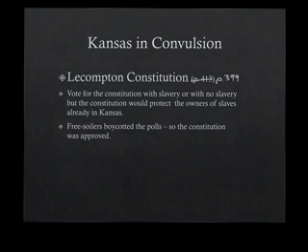So again, spend some time, page 398 through 401, looking at Kansas history.